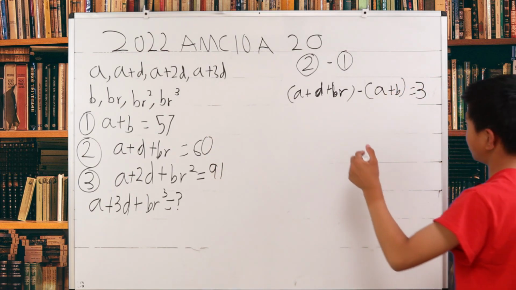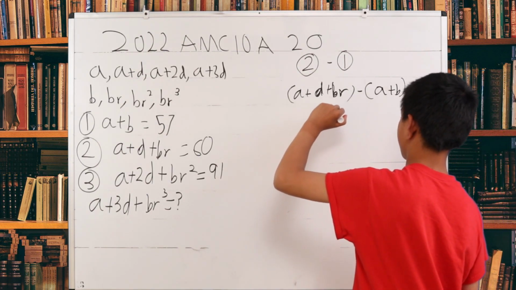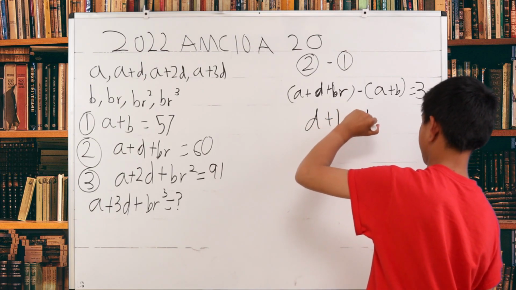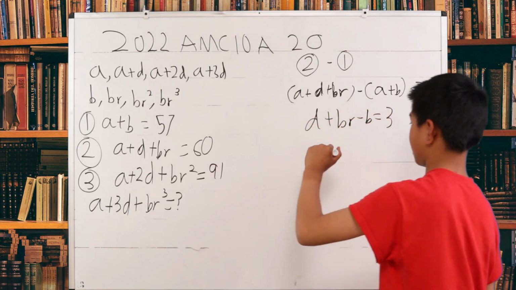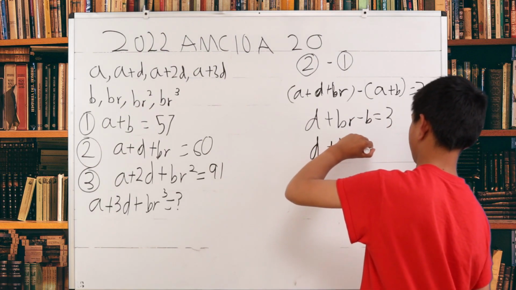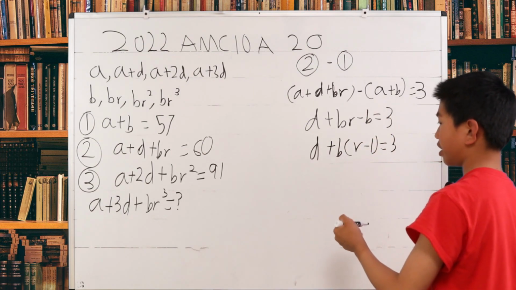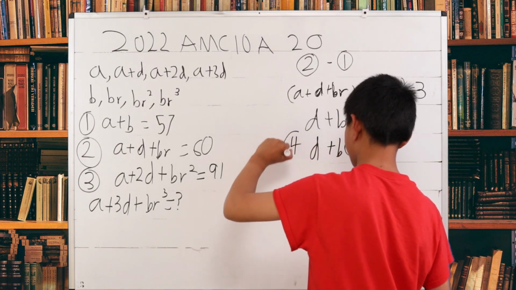Now we can cross out some terms. So D plus BR minus B is 3. Factor out the B. D plus B times R minus 1 is 3. So we have our 4th equation here.